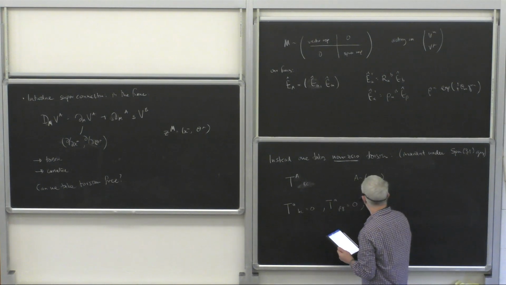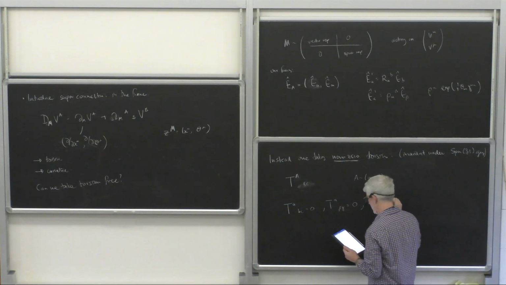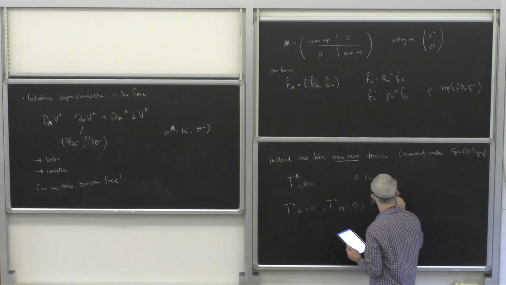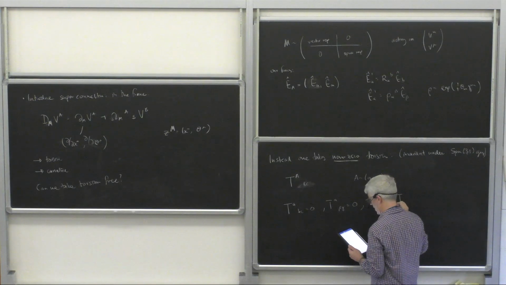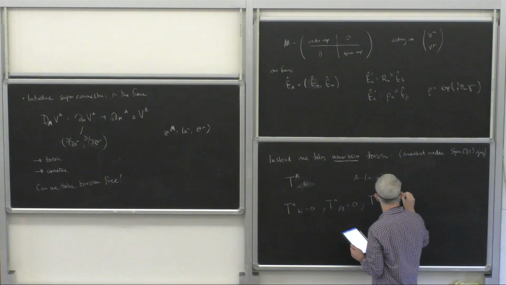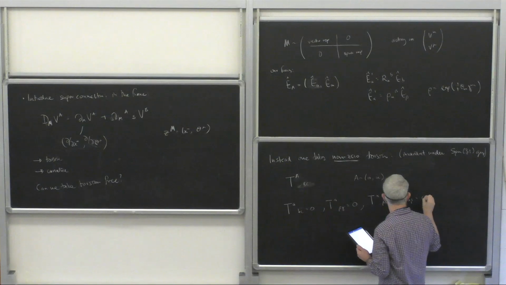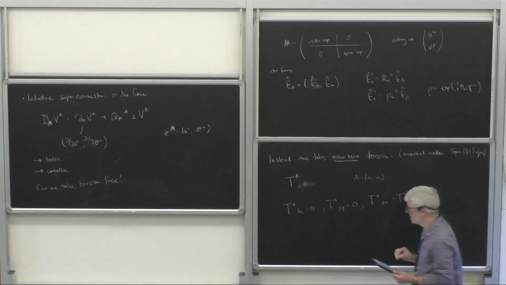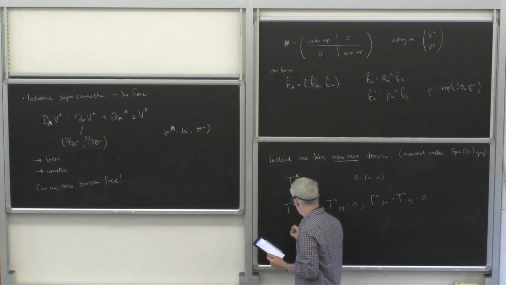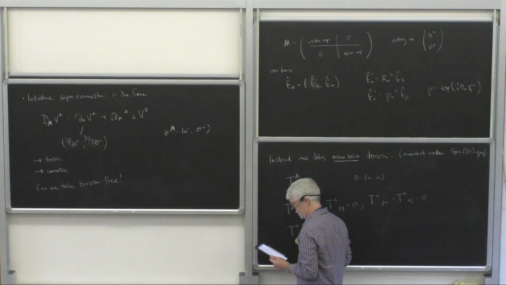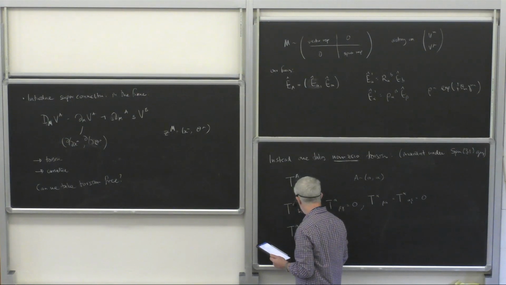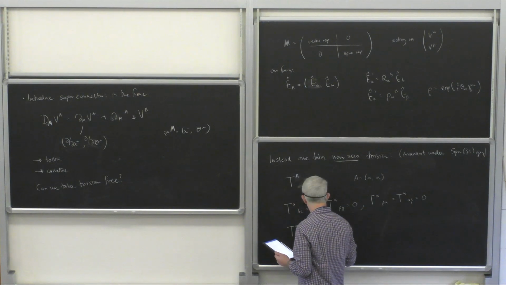You take that T alpha beta A is equal to T alpha A beta is 0. And then here's the one you don't take to be 0: you take T A alpha beta to be the gamma matrix.